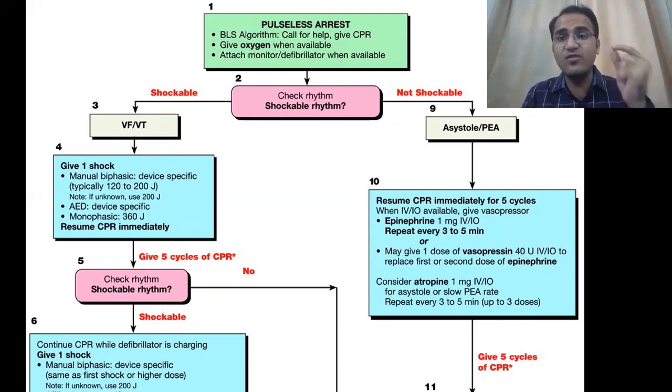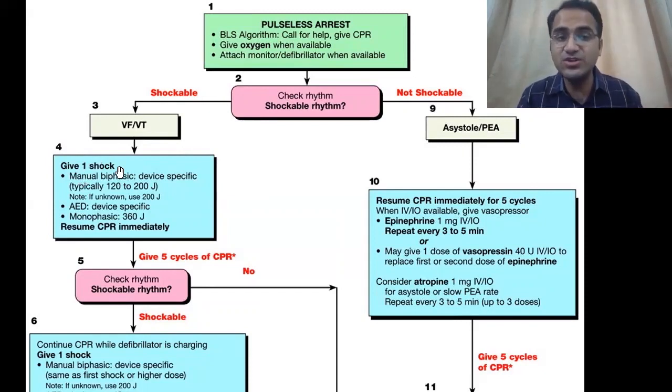We fib, we tac will need shock, will need defibrillation. And if the patient is having asystole, that is a non-shockable rhythm, and you do not need to perform defibrillation in that patient. So the conclusion is that not every patient is eligible for defibrillation. Only if a shockable rhythm is present on ECG, only then you give the shocks.